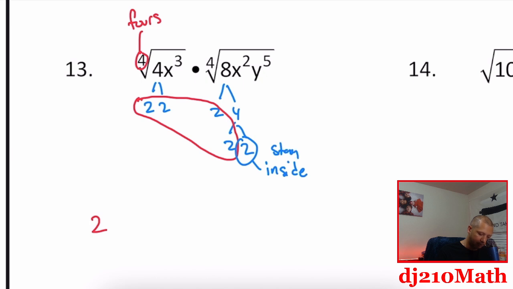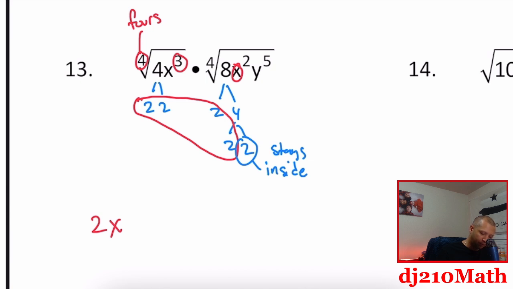Right, this stays. Okay. X cubed, x to the 2. So there's 5 x's up underneath this root. So that means this 3 and one of these is going to come out. And there's going to be 1 left over.